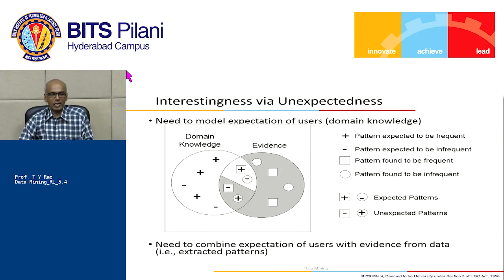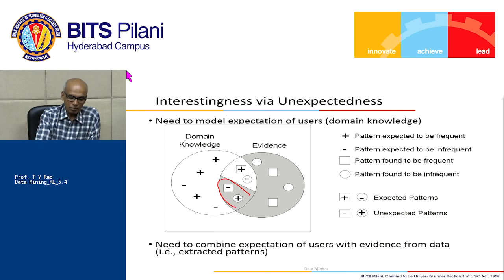Interestingness is generally associated with unexpectedness. Suppose based on domain knowledge, you are expecting the frequency of some elements, and some elements are expected to be infrequent. But what the evidence gives you is something different.